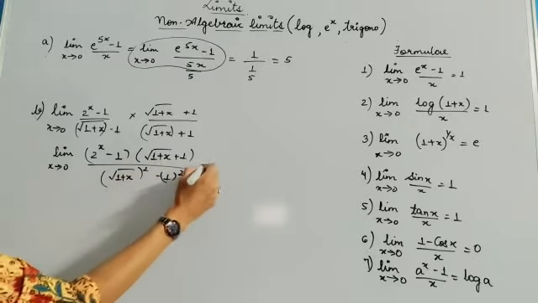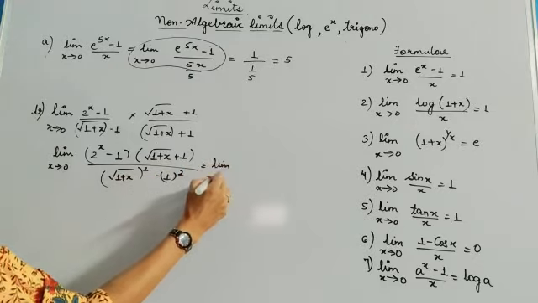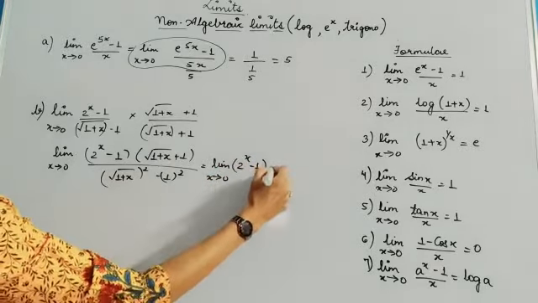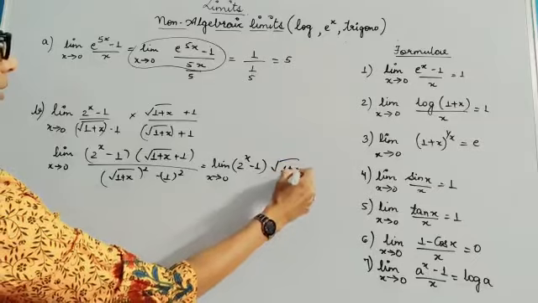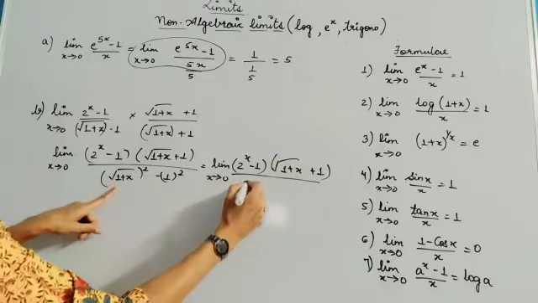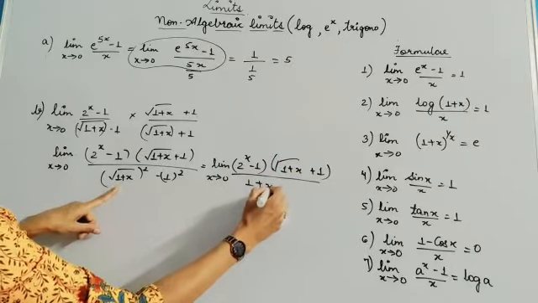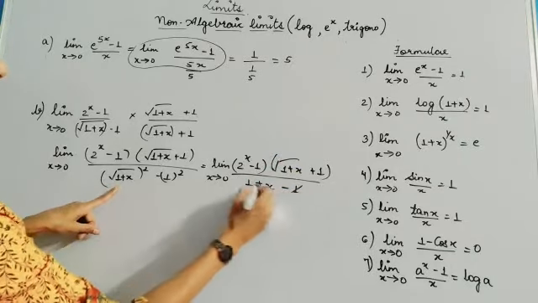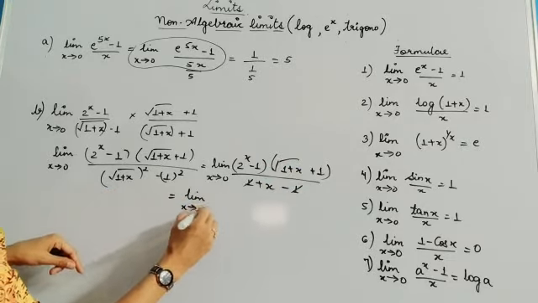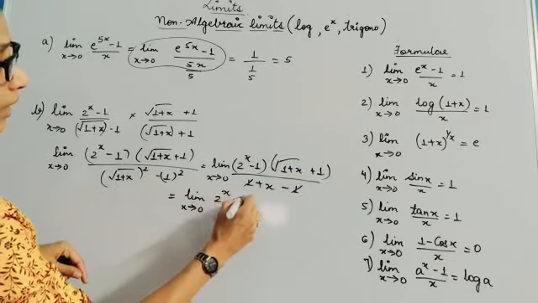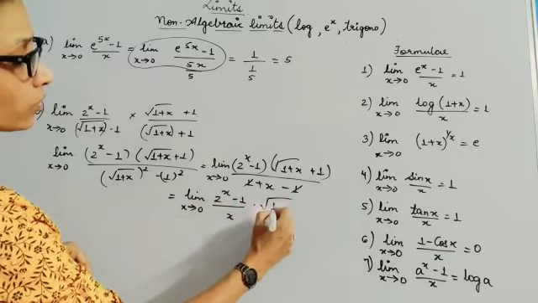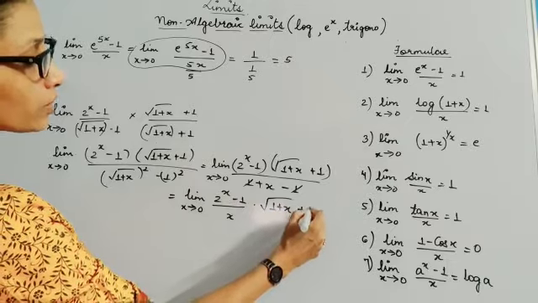So here I am getting it as limit x tends to 0, 2 raised to power x minus 1, and here it is just under root 1 plus x plus 1 as it is. Now here I am getting it as 1 plus x minus 1. Minus 1 and 1 gone. So now I am left with limit x tends to 0, 2 raised to power x minus 1 whole upon x into under root 1 plus x plus 1.